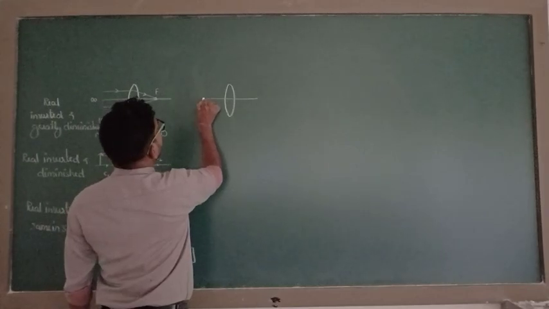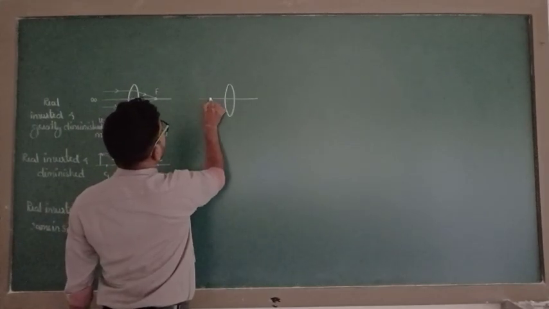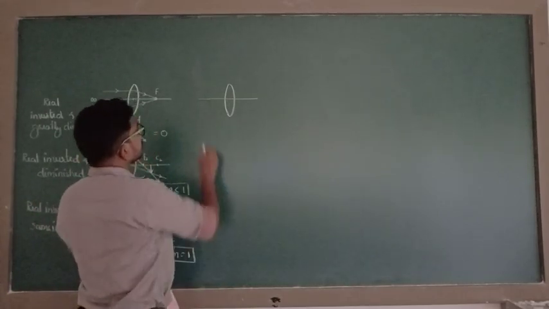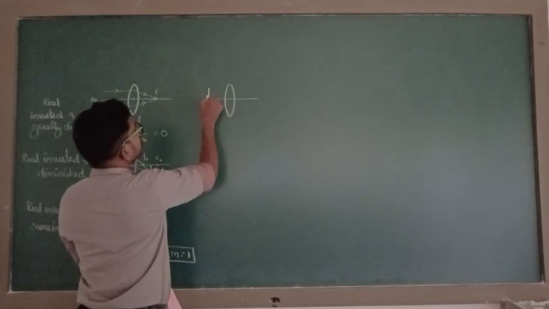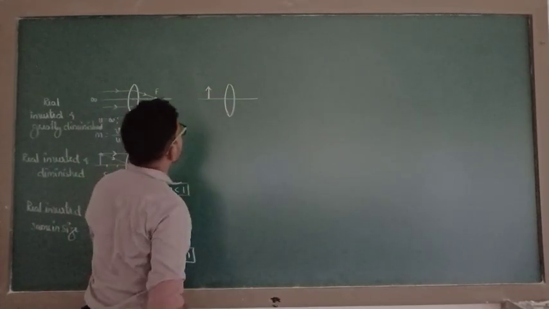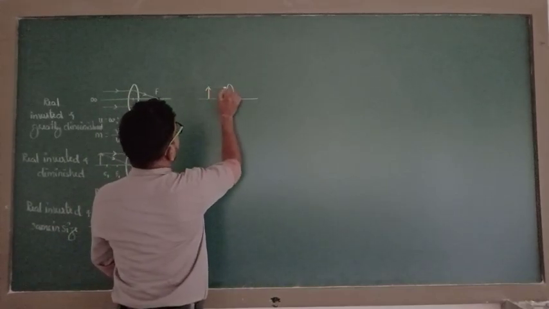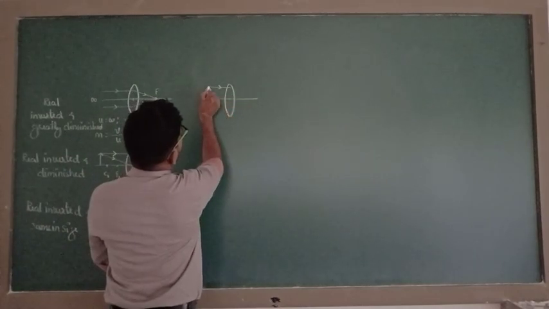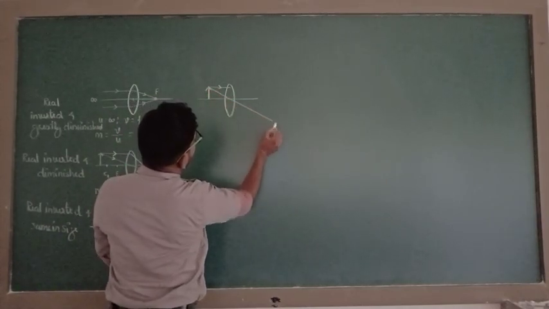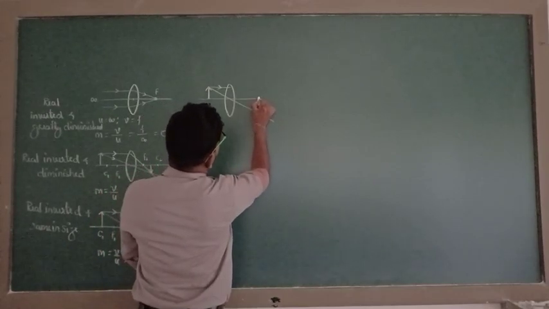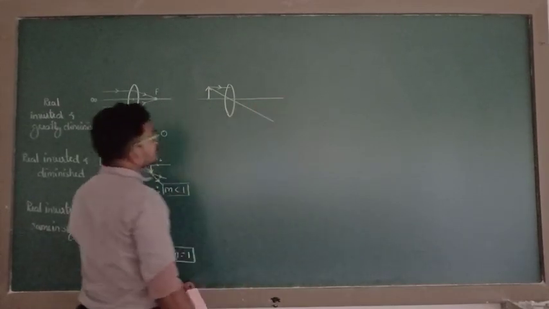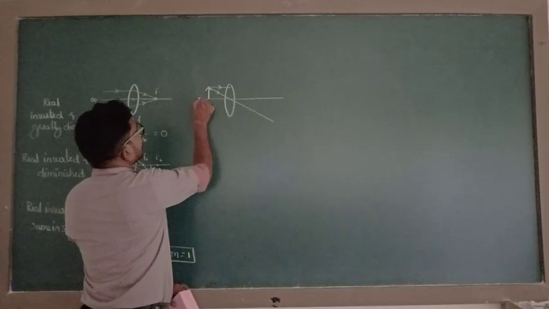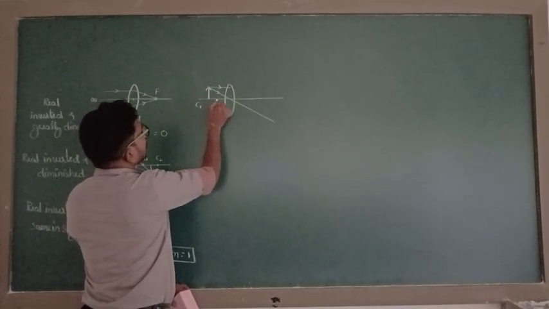When the object lies between the first center of curvature and the primary principal focus, the incident light ray is parallel to the principal axis, and another incident light ray is made to pass through the optical center. Then that light ray proceeds without any deviation, because here we consider a thin lens. This light ray is passing through the optical center. Now this object lies between C1 and F1.